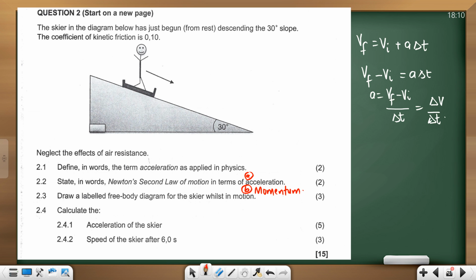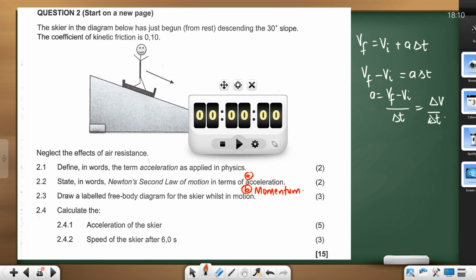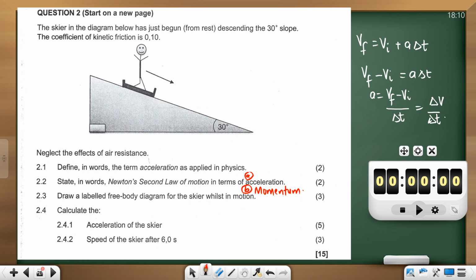A, in terms of acceleration, and B, in terms of momentum. Let me put a time frame. Now you have 3 minutes just to think and write down.